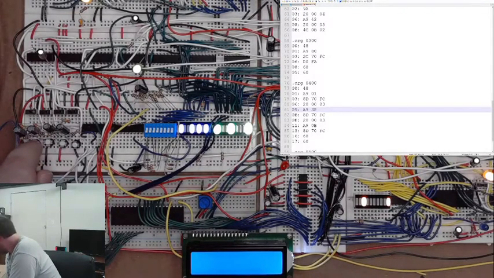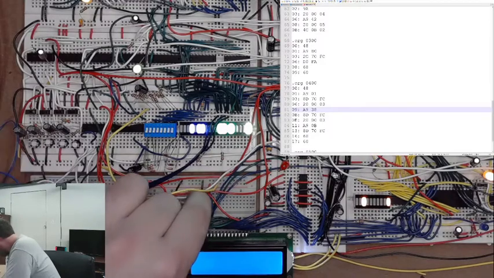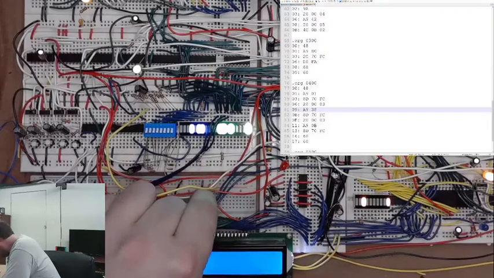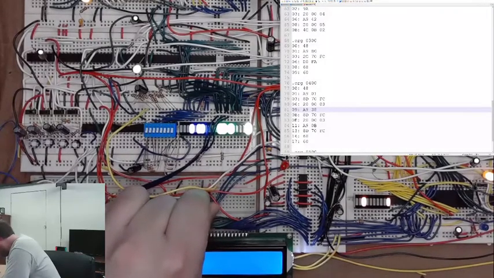This is where the moment of truth comes in. Here it is. I don't see a blinking cursor.